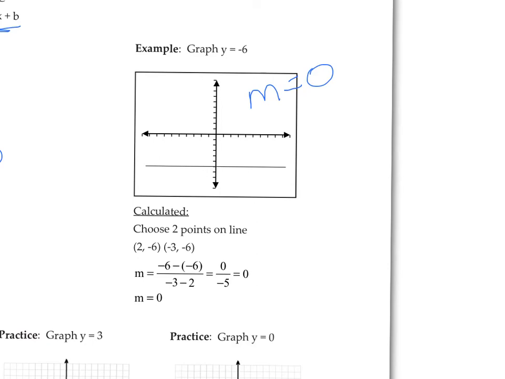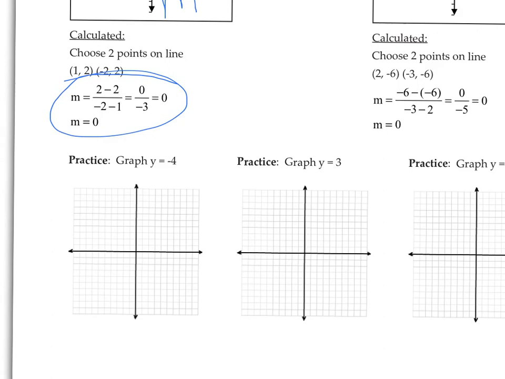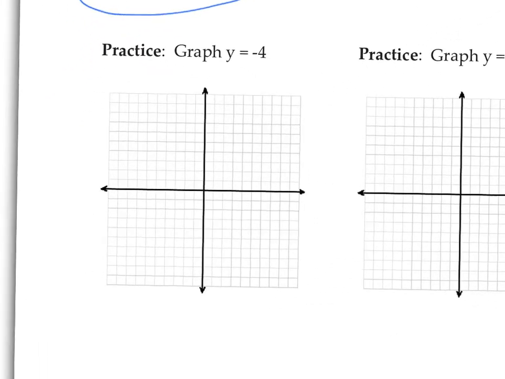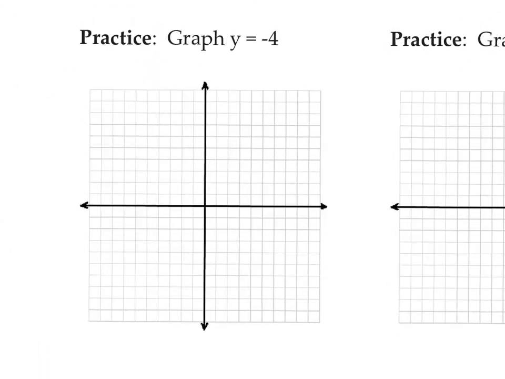So we have some practices for horizontal lines down here. I'm going to enlarge a little bit so we can see the graph. This first one says practice graph y equals -4. Again, the equation is y equals a constant, and this always makes a horizontal line where y is -4.